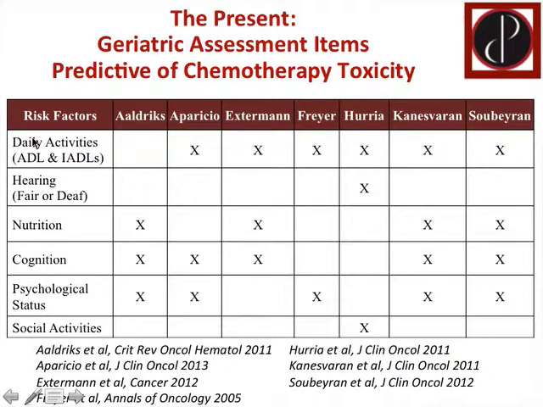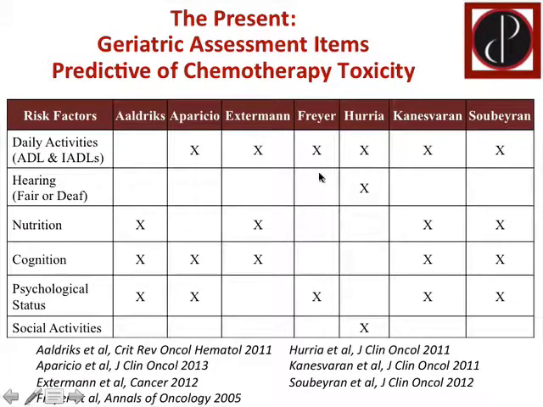So today, we use different models to predict chemotherapy toxicity and then to select the regimen. Different models, different things. You will see that ADL and IADL are considered in almost all of the methods or approaches.